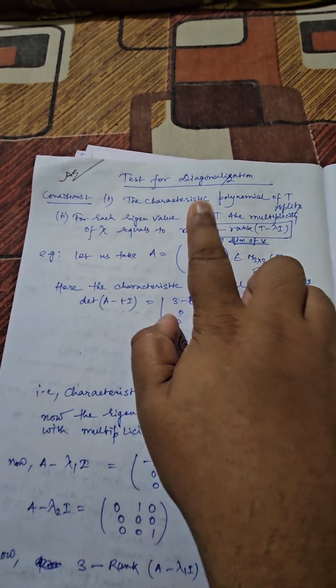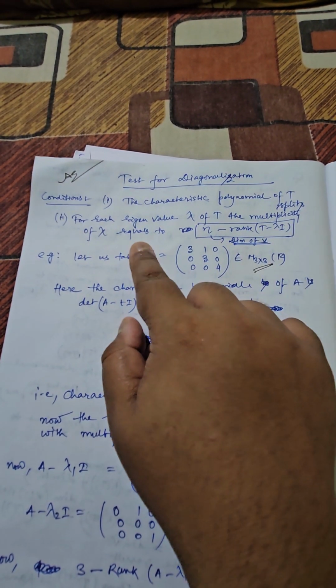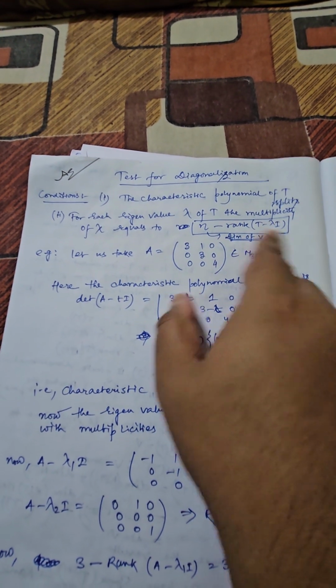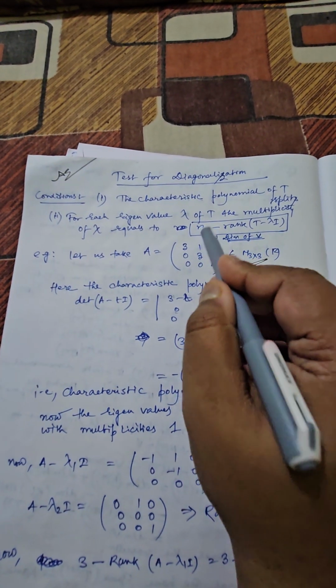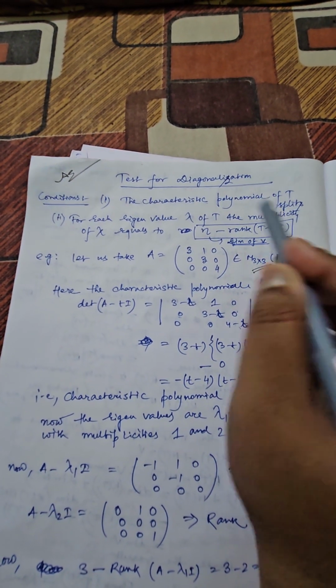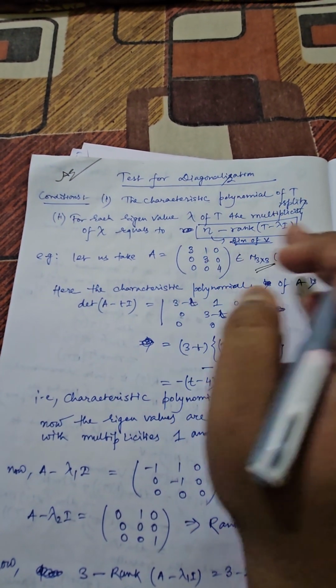Now these eigenvalues lambda correspond to T, and the corresponding multiplicity of lambda will be equal to what? N minus rank of T minus lambda I. Now what is the meaning of N? This N is nothing but the dimension of V, so it is the dimension of V minus rank of T minus lambda I. Now this result is very important. Later you will see how we can implement this.